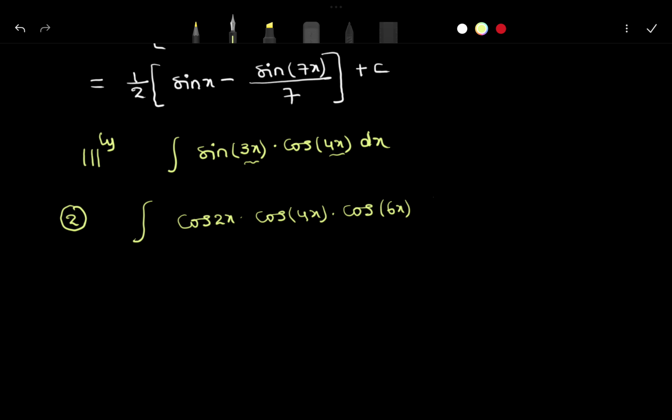What is the difference between the previous question and this question? In the previous question we had the product of two trigonometric functions, cos a into cos b, but in this one it is sin a into sin b.